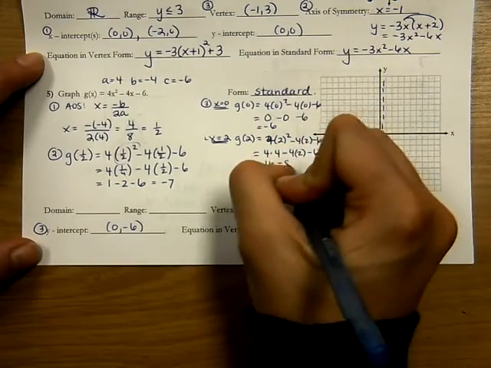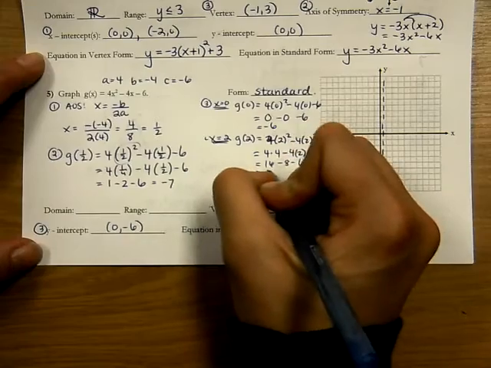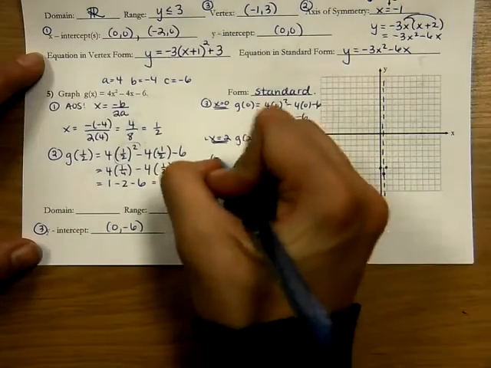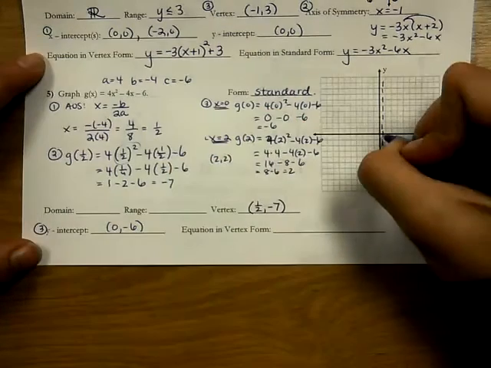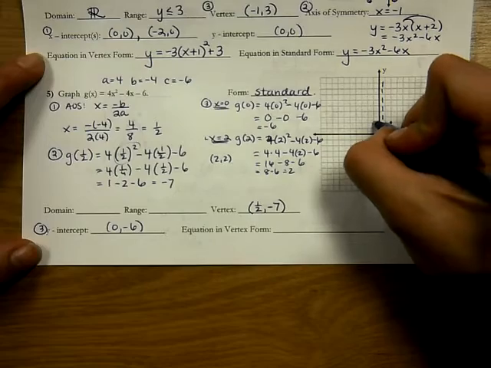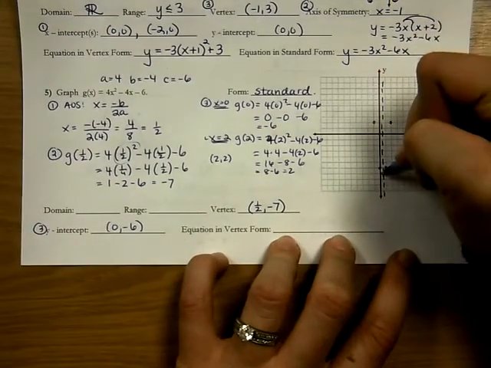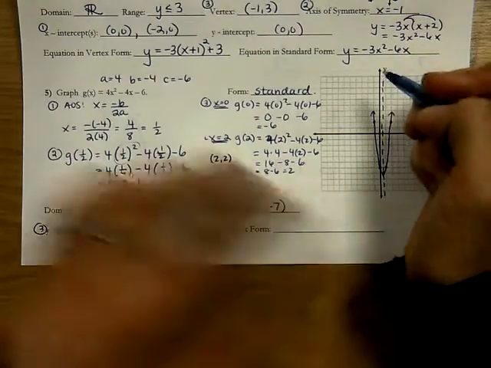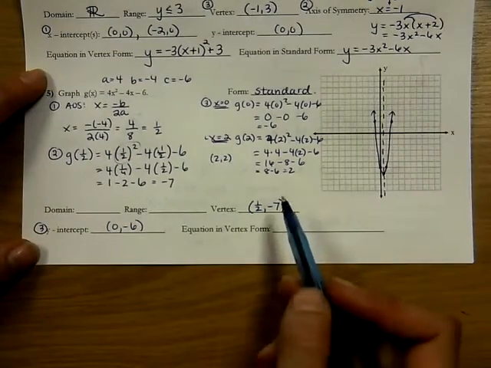Now I multiply. So we get 2 comma 2. I can reflect that and get this point right here. And now that gives me a pretty good idea of what the shape of this graph looks like. There you go.